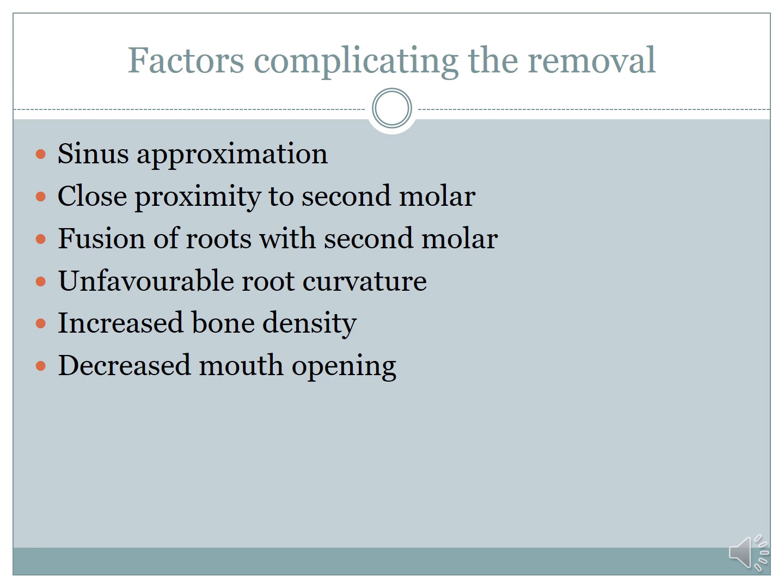If it does, we will split the tooth into two and then take it out. But here, depending on the position of the maxillary molar, if the elevators are injudiciously placed or tried, if you are giving undue force on the maxillary third molar, it may affect the second molar because it is in close proximity, number one.